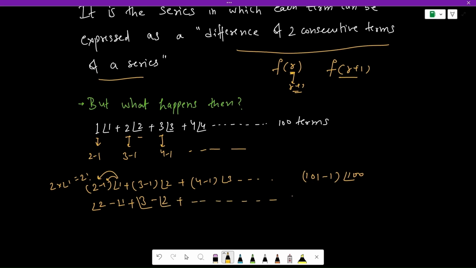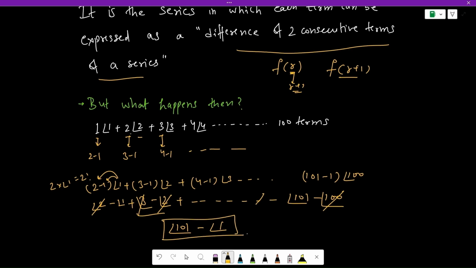And this will become 101 factorial minus 100 factorial. Now as you can see, the first term cancels the second term of the next part. Similarly, I will cancel all the terms, then some previous term will cancel this 100, and finally what's left is factorial 101 minus factorial 1.